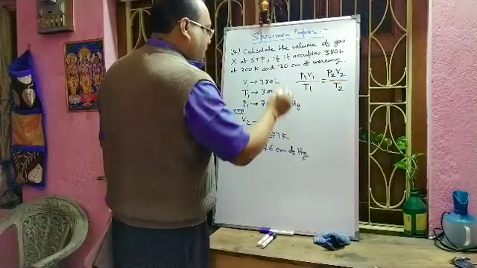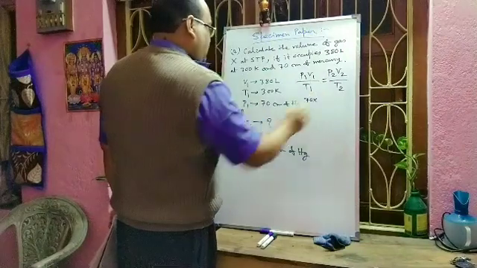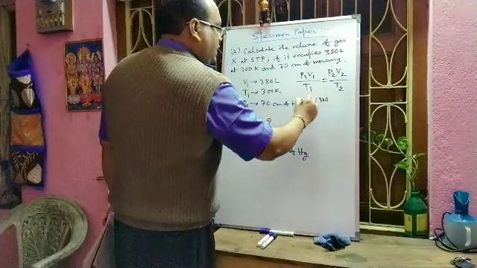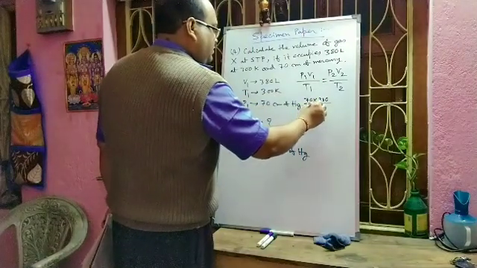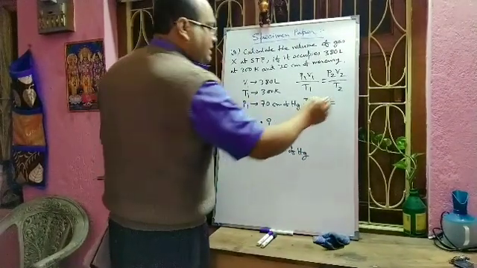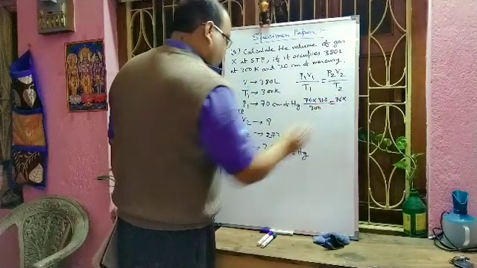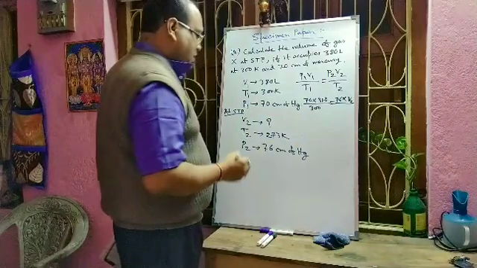Now you put this value, P1 value is given 70 and V1 value is given 380, divided by T1 is given 300. That will be equal to P2 is given 76, okay, into V2, V2 you have to find out, divided by T2.